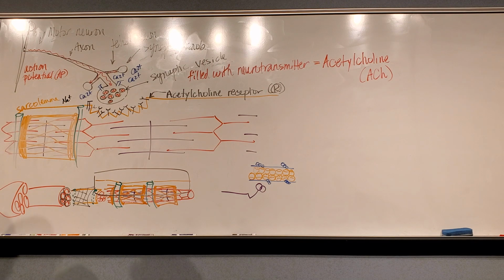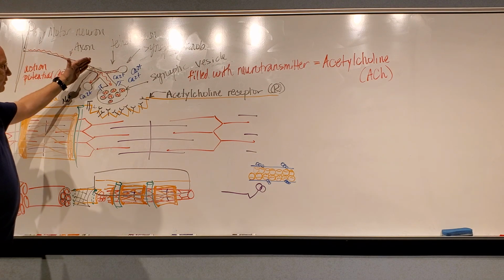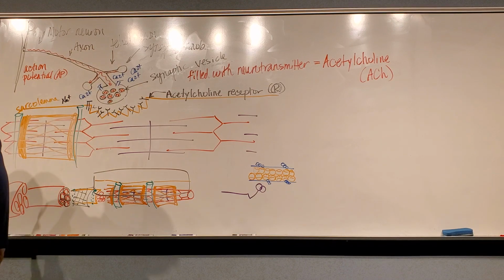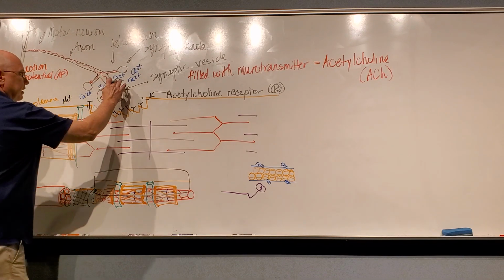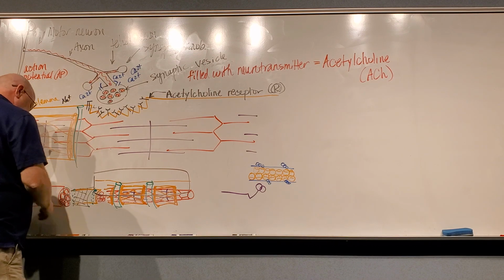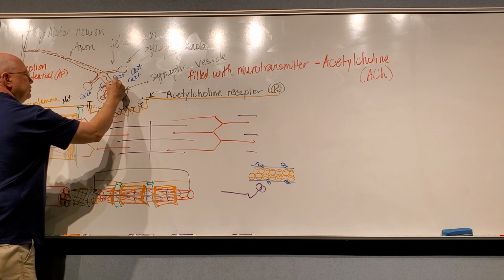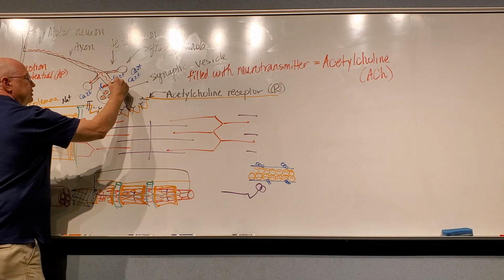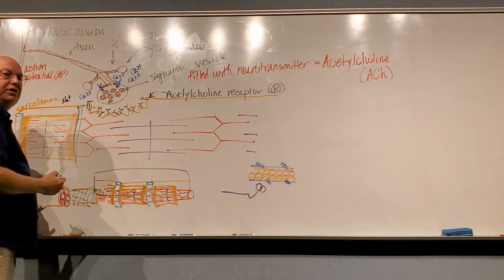So, quick rundown. When the action potential travels down the axon, it spreads down the telodendria and reaches the synaptic knobs. At the synaptic knobs, it's going to shock these calcium channels into opening as soon as the voltage hits them. And when the action potential reaches these voltage-gated calcium channels, calcium ions will diffuse into the cell.